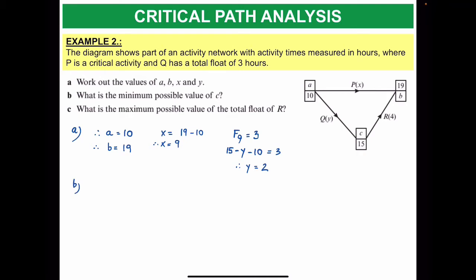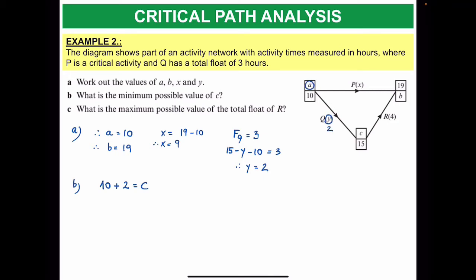B case is asking you to find out the minimum value for C. So if you look at, I have now Y equals 2. So I know that 10 plus 2 is equal to C. 10 from here and 2 from here.